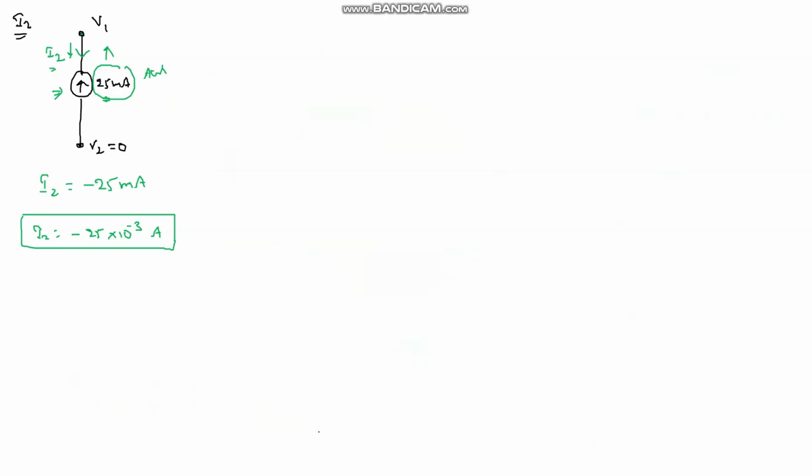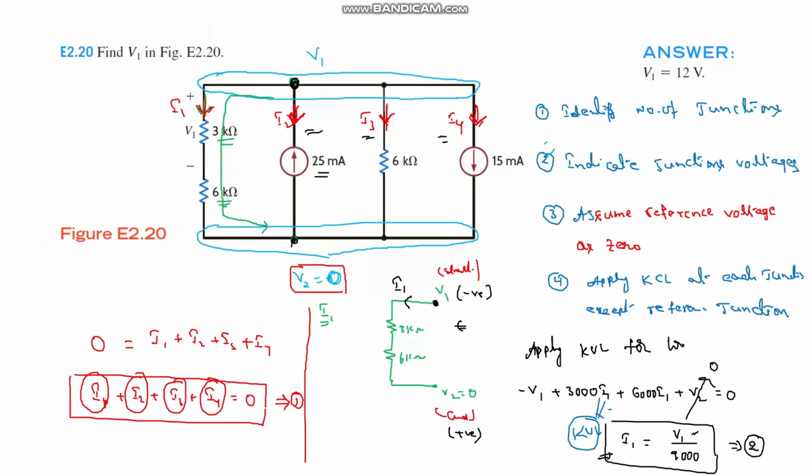Similarly, I3. What is the expression for I3? First, observe the path for I3, where it starts and where it ends. Here I3 starts from V1 and ends at V2 through the 6 kilo ohm resistance.